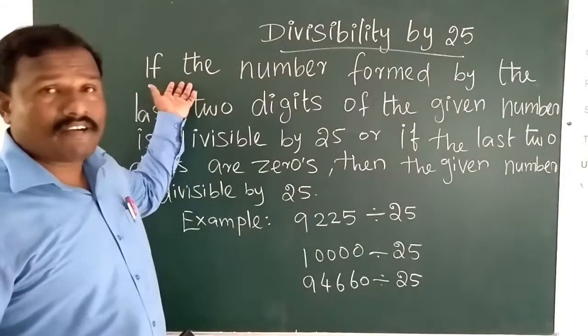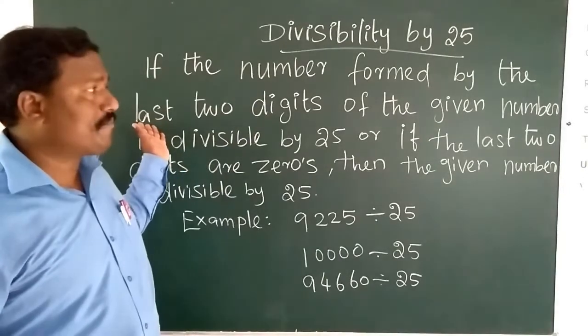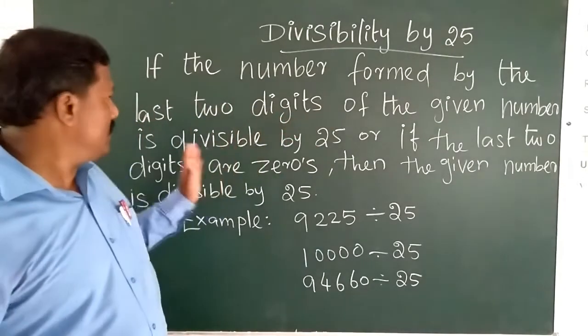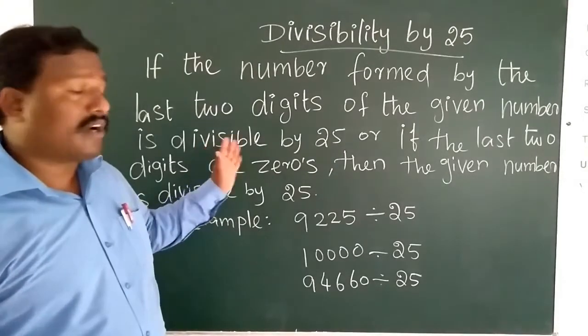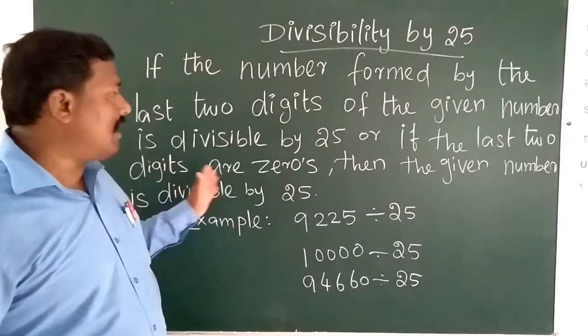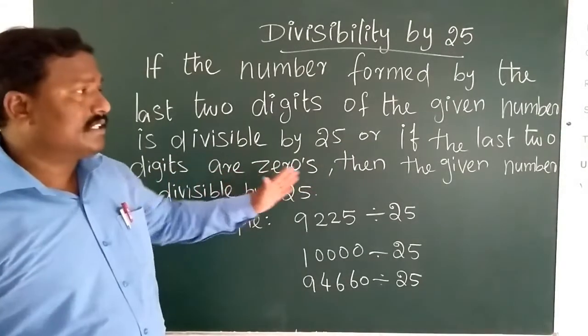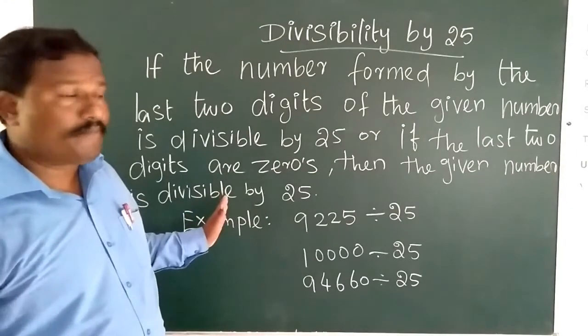If the number formed by the last two digits of the given number is divisible by 25, or if the last two digits are 0, then the given number is divisible by 25.